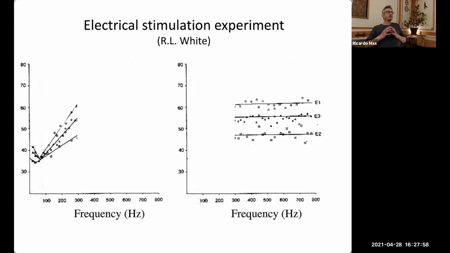Which results would support only the temporal coding theory, but not the place theory? Anyone? Arturo, I can see you thinking.